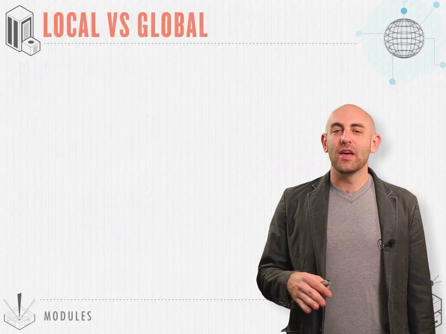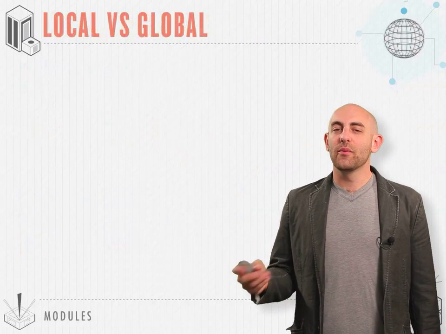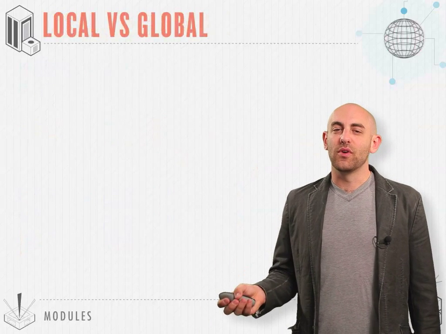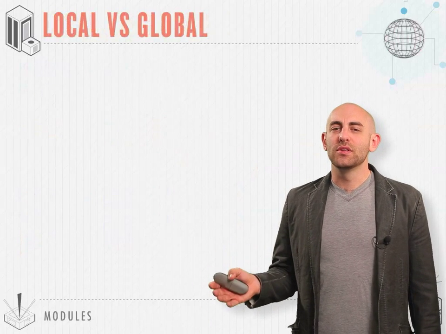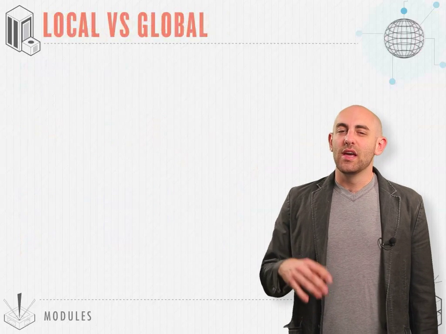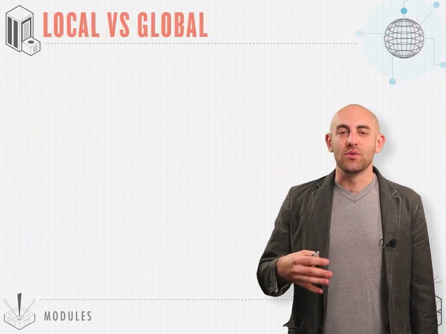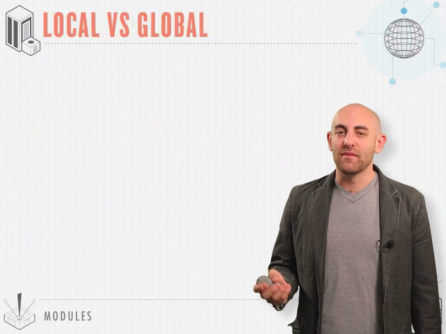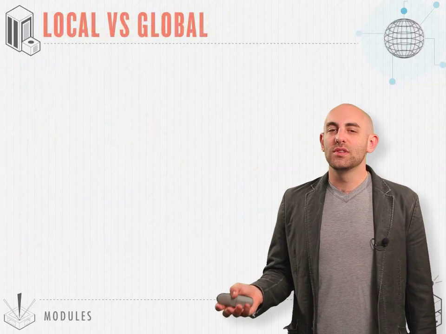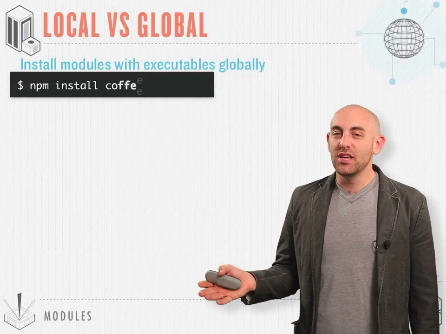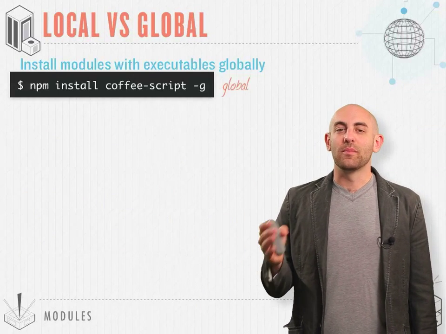When we did npm install request, you saw that we installed that module in the app's local node_modules folder. But let's say we wanted to install something like CoffeeScript. It comes with an executable called coffee that we might want to use to compile CoffeeScript files to JavaScript. So we can't use the local install. We actually have to pass this flag -g that'll install CoffeeScript globally.